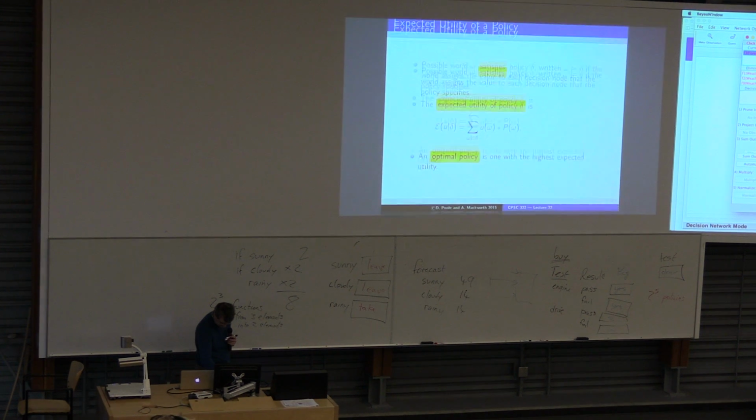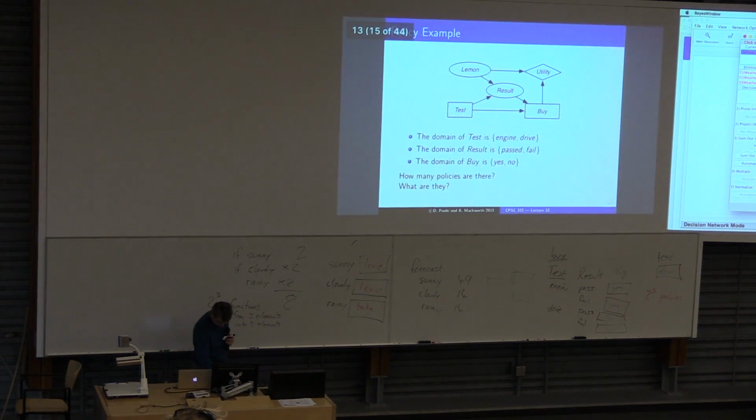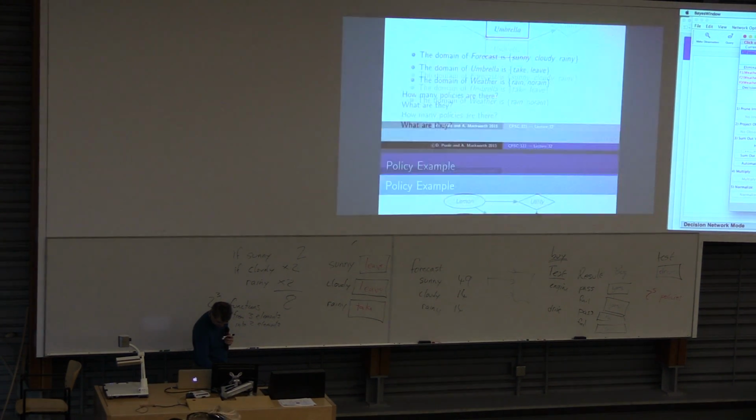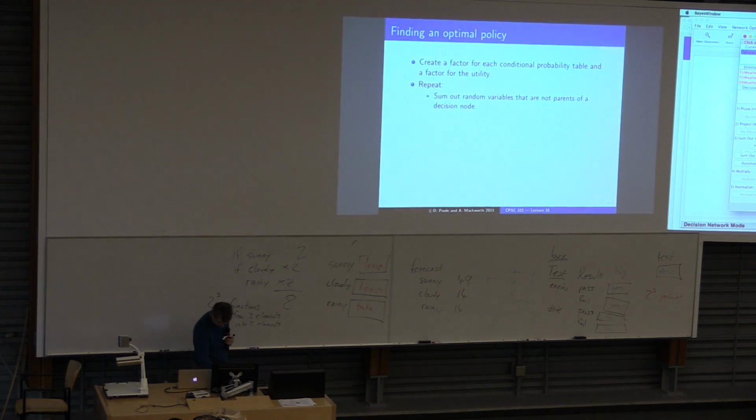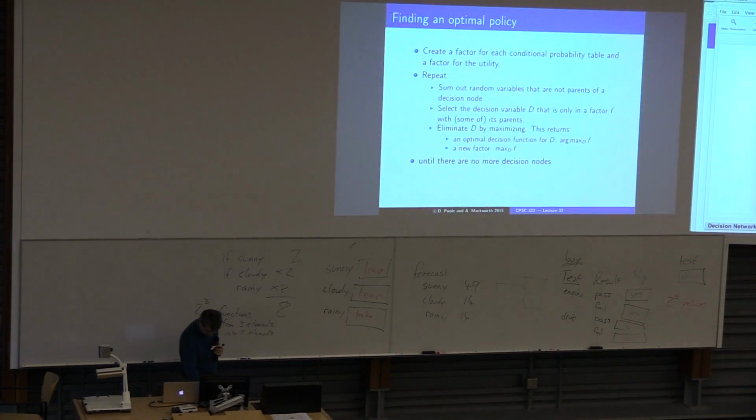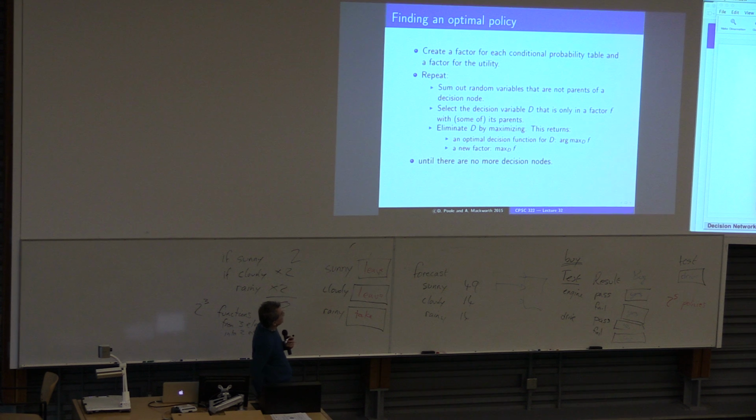All right, let's go back to here. So that's what we've done here. We just carried out this algorithm. We selected a random variable that wasn't a parent of the decision node. We selected the decision node. One of them was only in a factor with some of its parents. We eliminated it by maximizing this, and it returned an optimal decision function.